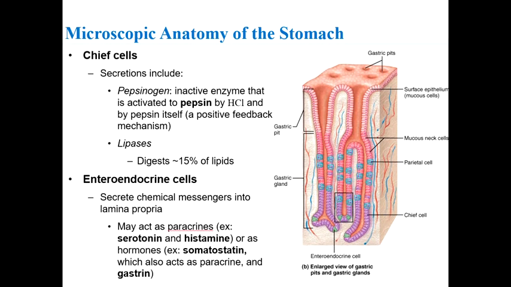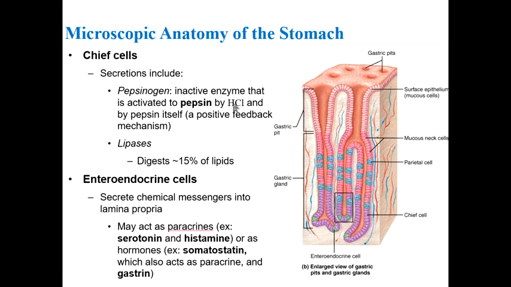The chief cells, which we see in purple down in the pits, secrete two products as well. Pepsinogen. When something ends in -ogen or -gen, that usually means it's in an inactive form. So pepsinogen is an inactive enzyme, but recall on the previous slide that hydrochloric acid activates pepsin.